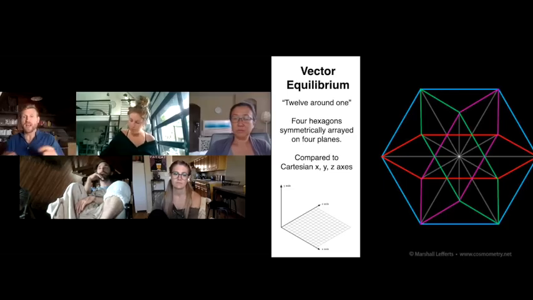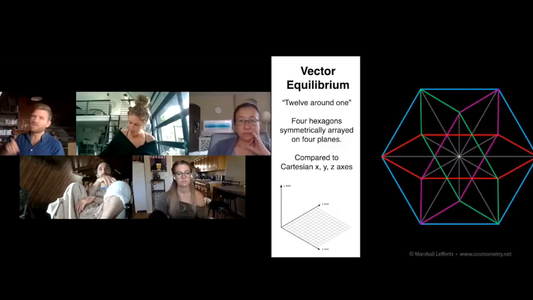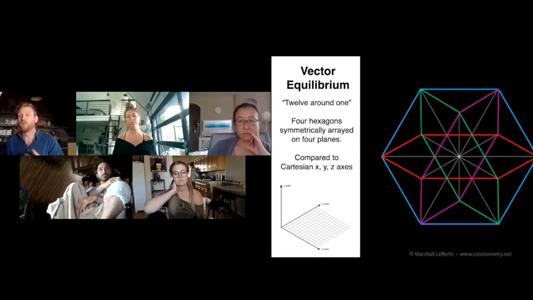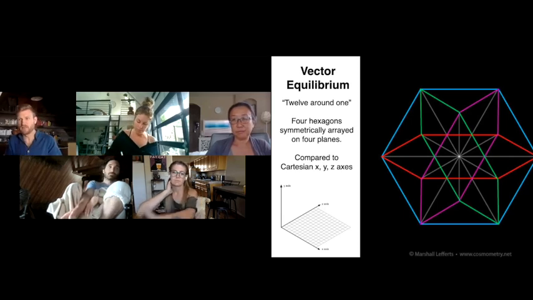X, Y, and Z that theoretically go infinitely out in one direction, right? That Z-axis is going to go as far that way as you can ever go and never loop back around. Whereas the vector equilibrium is self-contained. It's self-reflected. It's a coherent system unto itself.